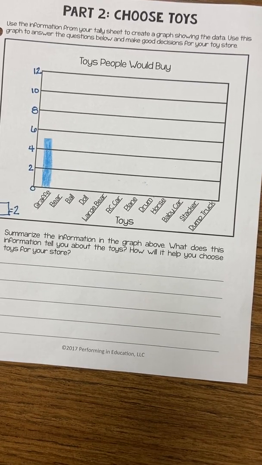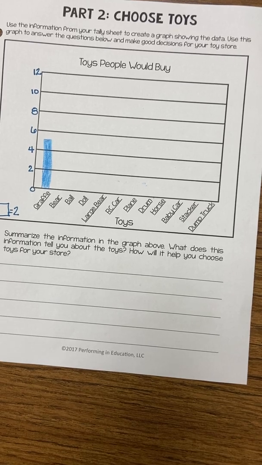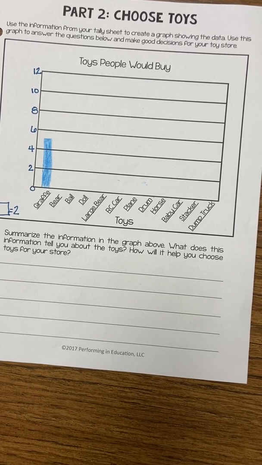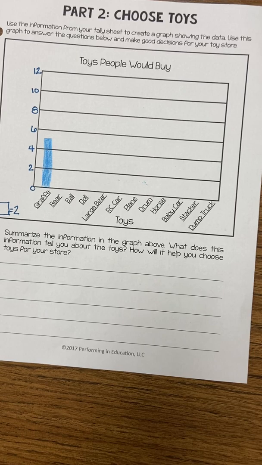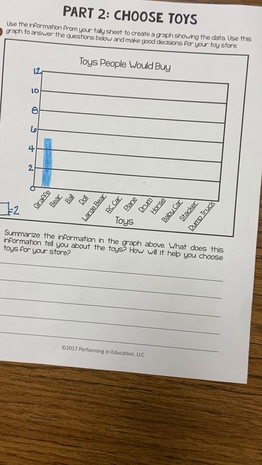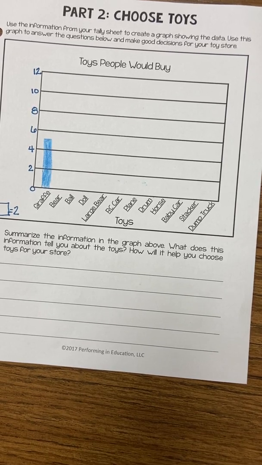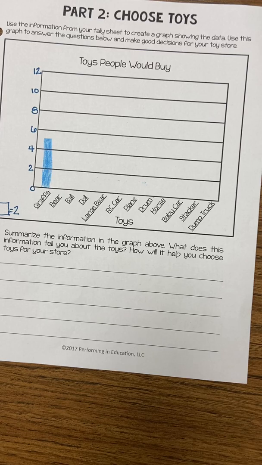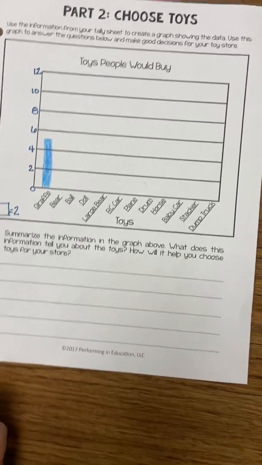The least favorite toys? What do you notice about your data? Which type of toy did people like the most? Which type of toy did people like the least? And how are you going to use that data to choose toys for your store? That is completely an opinion from you, so you'll answer that question.